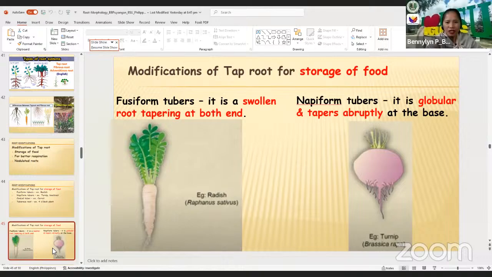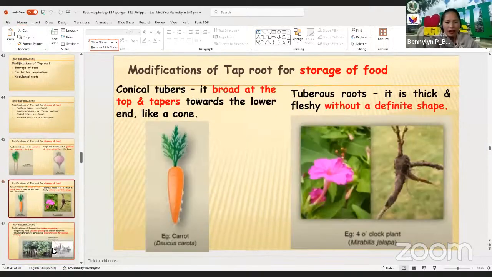Again, this is the modification of taproot for storage of food. And another one is the conical tubers, Daucus carota. It is broad at the top and tapers towards the lower end like a comb. So this is the illustration of the carrot, Daucus carota.